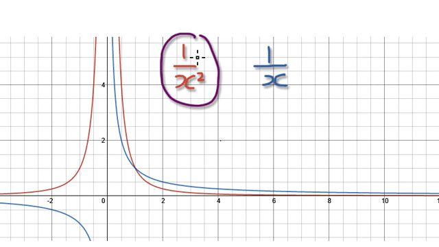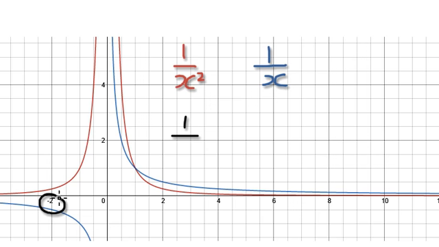So let's just look at the red line. When x is negative, this thing here will be positive. If you look at negative 2, if you put negative 2 into here, it's really 1 over 4.